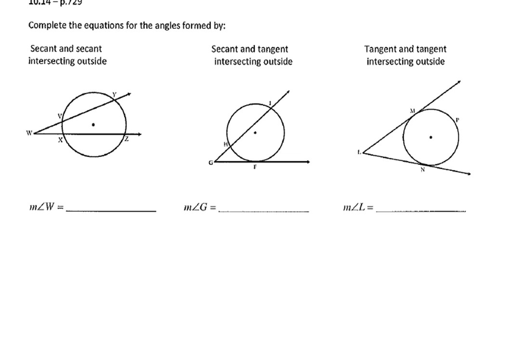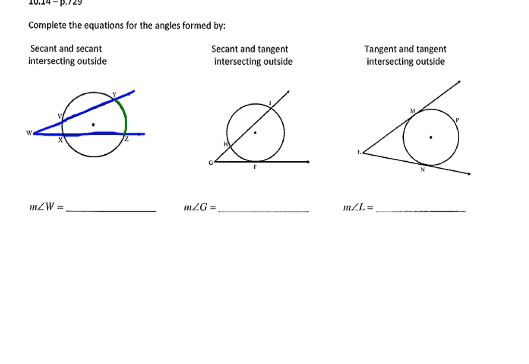Okay, the next three, if you notice, the angles are not inside the circle anymore. In these cases, the angles are outside. When it's inside, we take half of the sum. When the angle is outside, instead of half of the sum, you're going to take half of the difference.